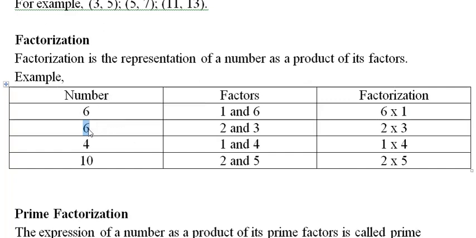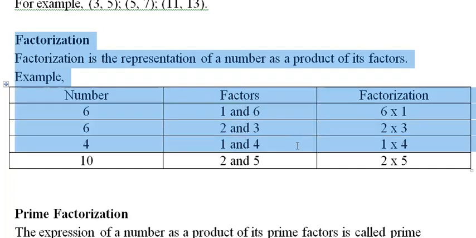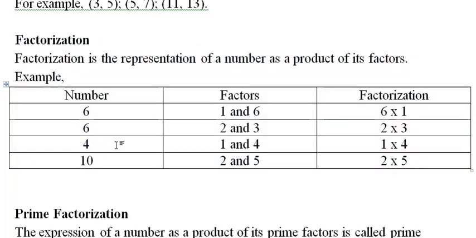We already know that if we multiply 2 and 3 we get 6 again, isn't it? So 2 into 3 we get number 6. This is known as factorization. If you represent it as a product of its factors, then it is known as factorization.